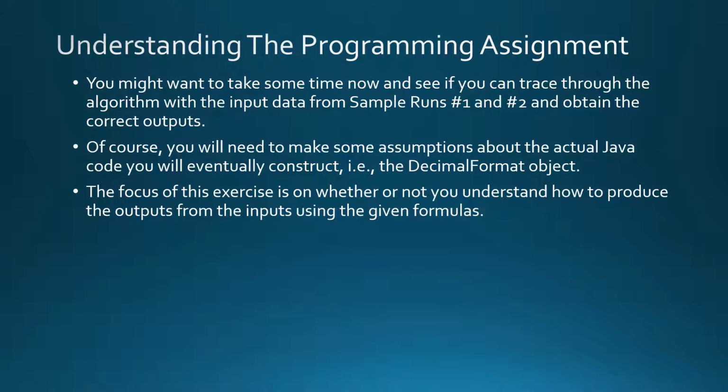Now, the focus of this exercise, because it's going to take some time, is on whether or not you understand how to produce the outputs from the inputs using the given computational formulas.